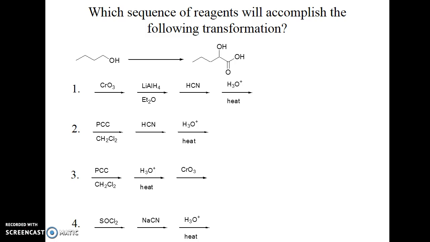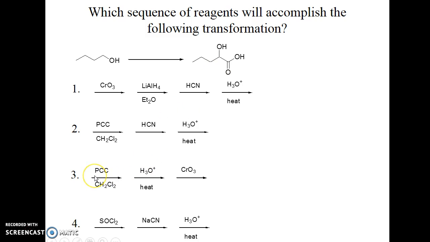So which sequence of reagents will give you the transformation of butanol to alpha hydroxy pentanoic acid? Okay, when you look at this, you can see there are 4 carbons here and 5 there. So you know you're going to have to add a carbon.